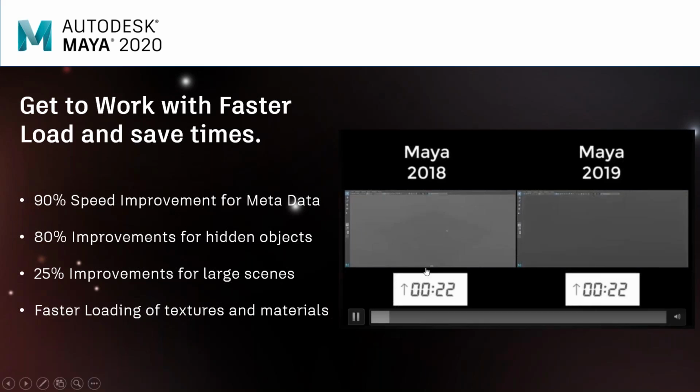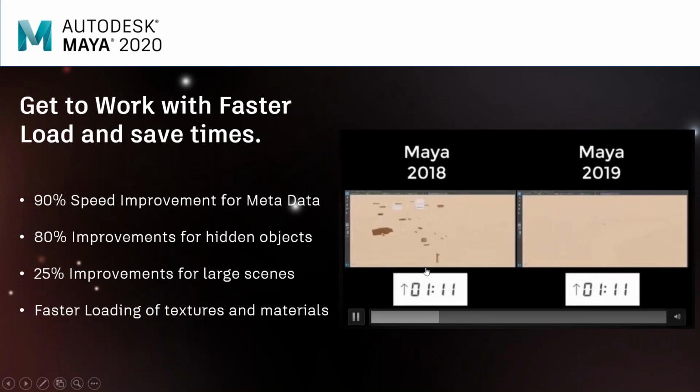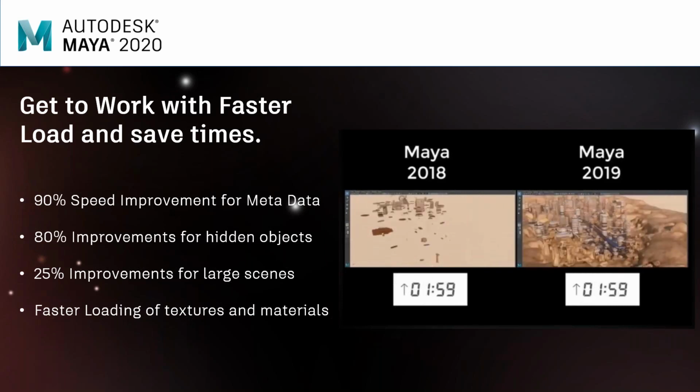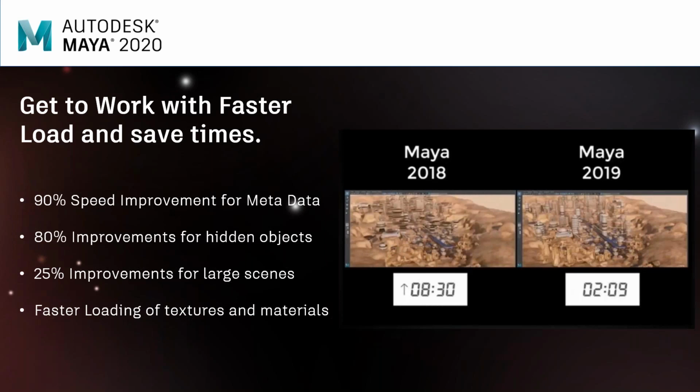And if you just take a look at this video, this is showing a massive environment that's been loaded in Maya 2019 versus 2018. So you can see we've got the environment loaded in 2 minutes 9 seconds in 2019, whereas it used to take 18 minutes in Maya 2018.